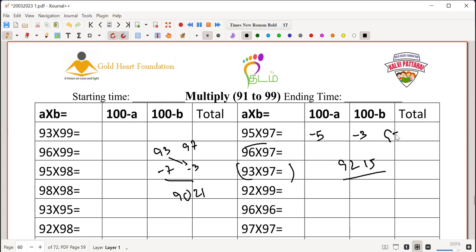What I am doing, 95, 5, minus 97 is minus 3. This is 100 minus 5, this is 100 minus 3. For 90s, it would be like 90 plus 5, 90 plus 7. But I am opting for 100 minus. So, even so, it's fine, isn't it?